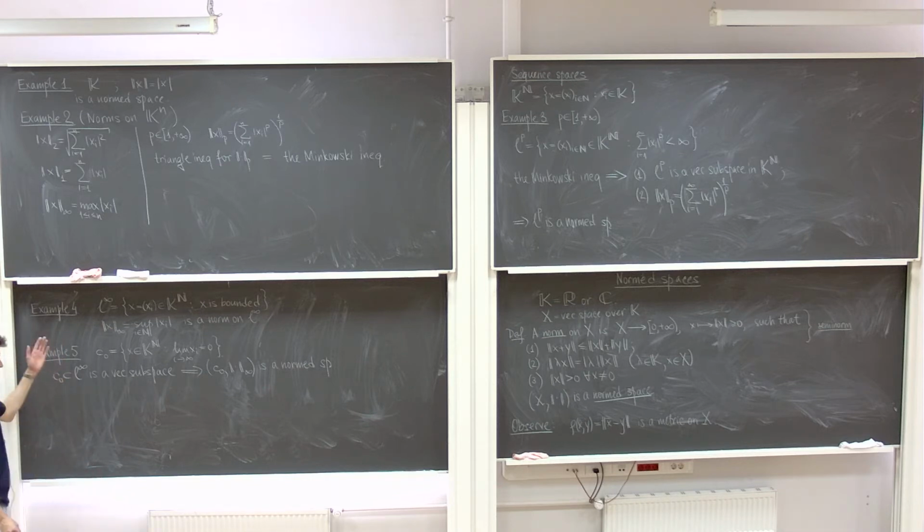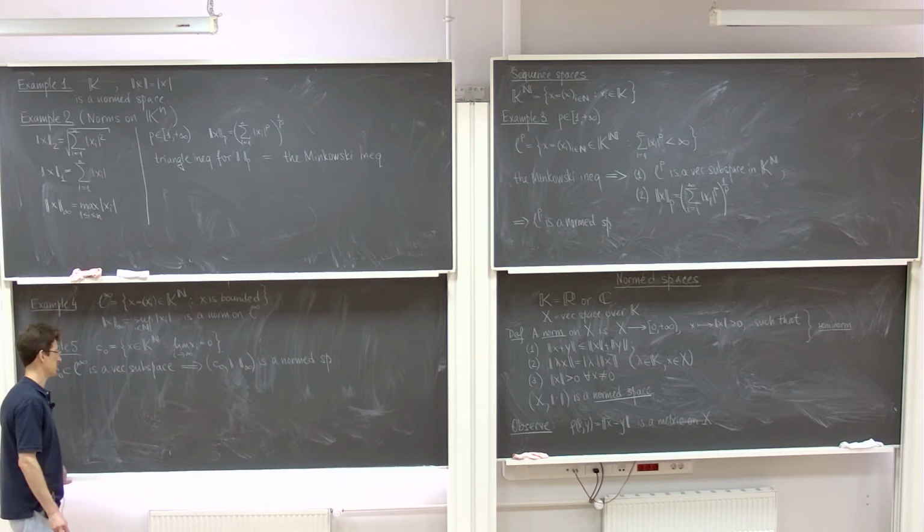Okay, so these are the basic examples of sequence spaces. The next group of examples is more general, and it consists of so-called function spaces.